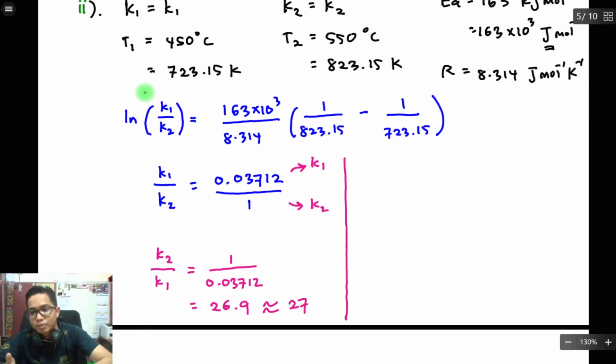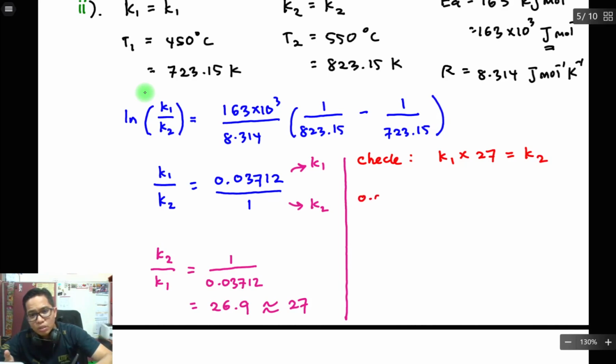Jom kita semak. Since K1 kita adalah 0.037, bila kita check should be K1 times with 27, we should get the value of K2. Kita try.